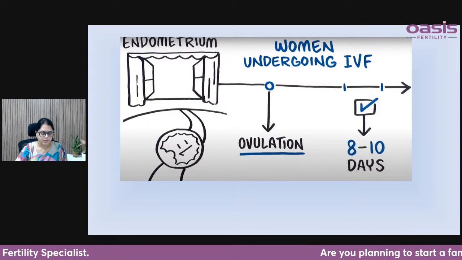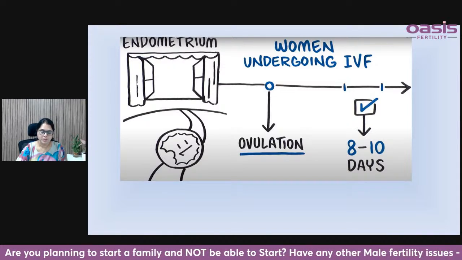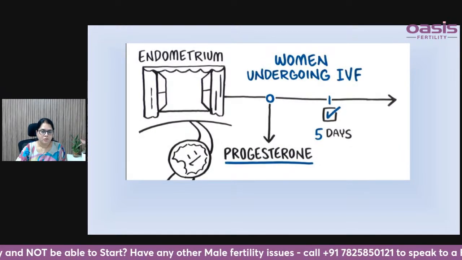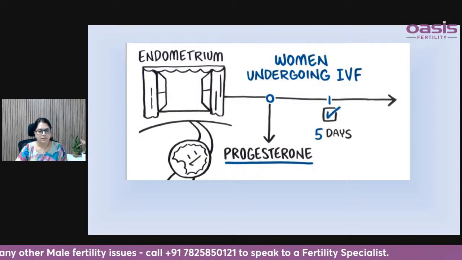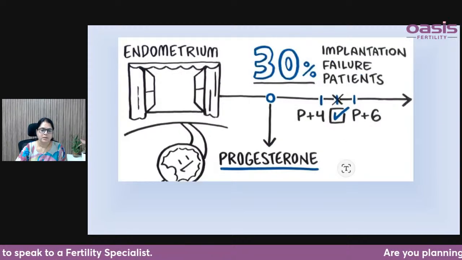In a natural cycle, this window of implantation is generally 8 to 10 days after ovulation. Whereas in women undergoing IVF, the window of implantation opens 5 days after progesterone intake, which is generally indicated by P plus 5.